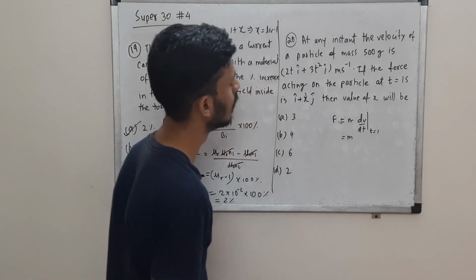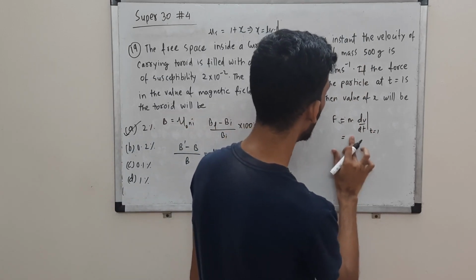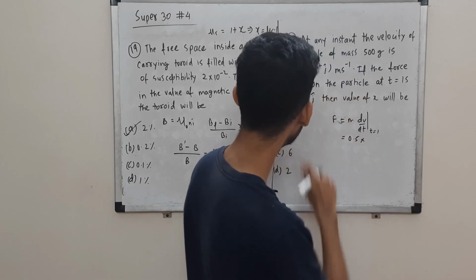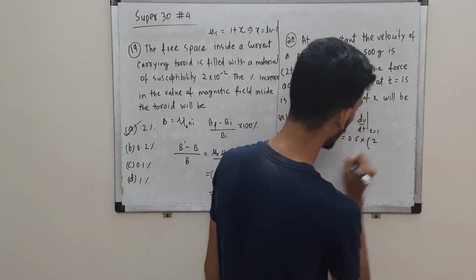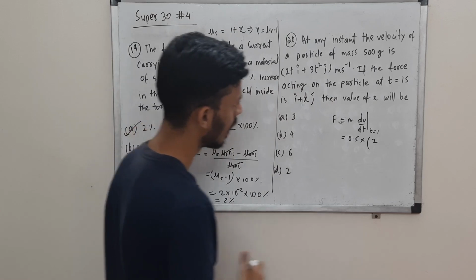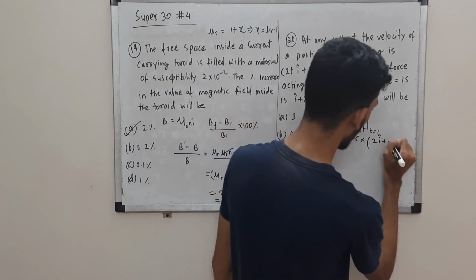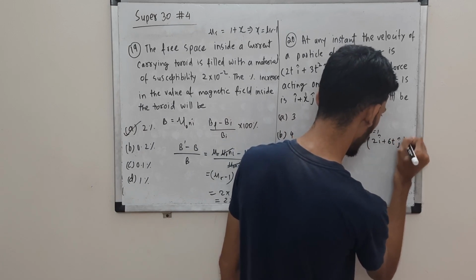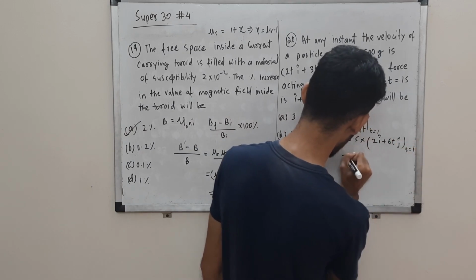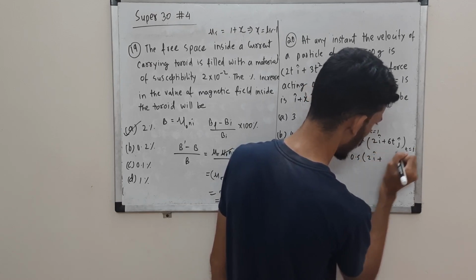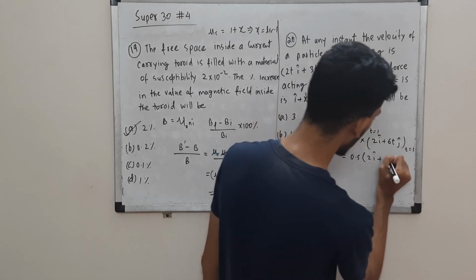So m into dv by dt. M is 500 grams or 0.5 kg. Dv by dt, take the derivative: 2t derivative is 2, so we have 2 I cap, of course, plus 3t square, so 6t j cap, and we have to plug in t is equal to 1. So 0.5 into (2 I cap plus 6 j cap).